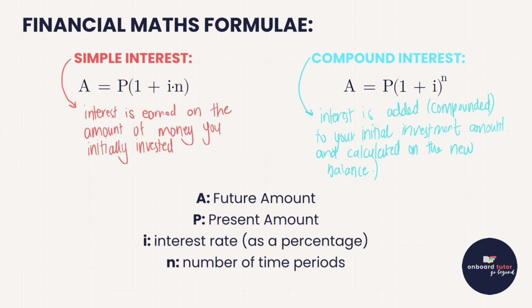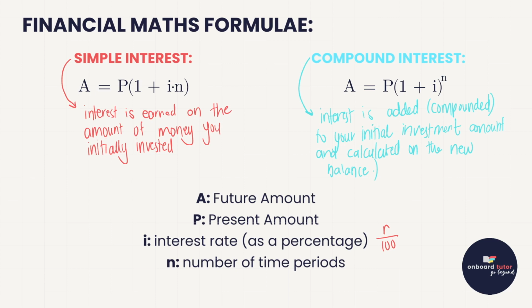I is the interest rate, and we need to put that in as a percentage. So if they give us a 10% interest rate, we can't just write 10. We need to either write 10% or 10 over 100, because percent means over 100. So they'll often give us an interest rate, and we just need to remember to pop that over 100.